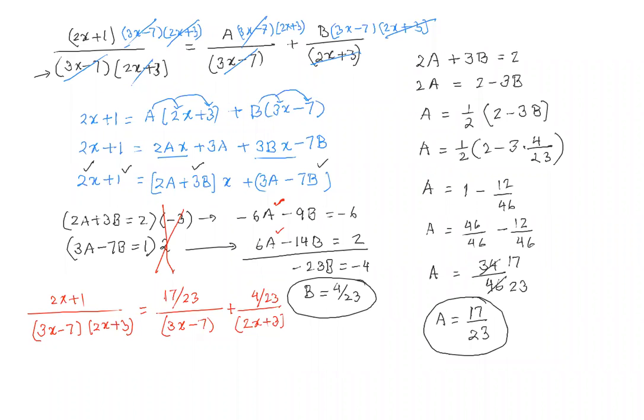Let's see, what is the easiest way I can rewrite it without losing it. Okay, I'll just do the old-fashioned way. 2A plus 3B is equal to 2, and 3A minus 7B is equal to 1.